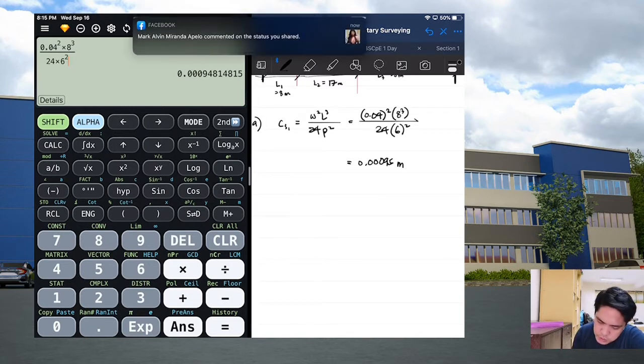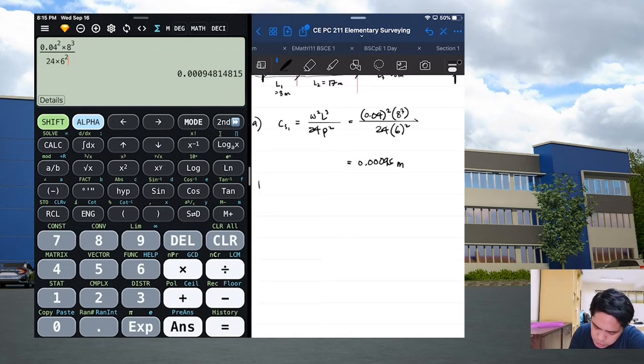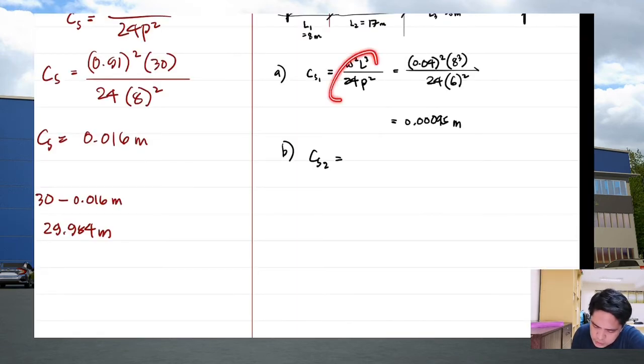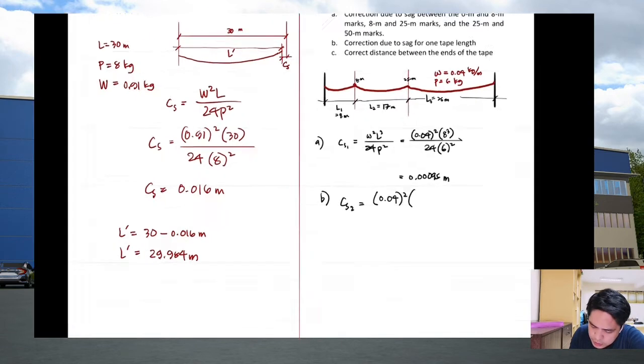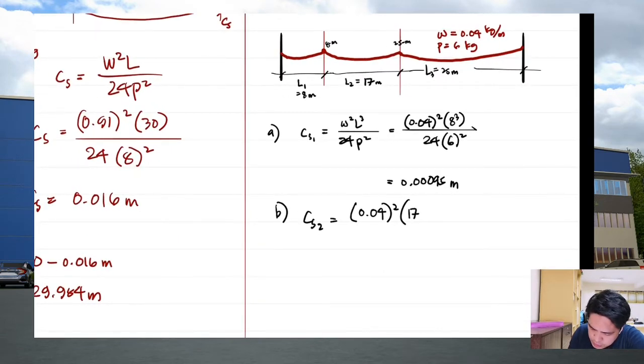Okay, let's proceed to letter B, CS2. So for CS2, using this same formula pa rin, that would be 0.04 squared times, this time yung L natin is 17 cubed, divided by, of course, 24 times 6 squared.